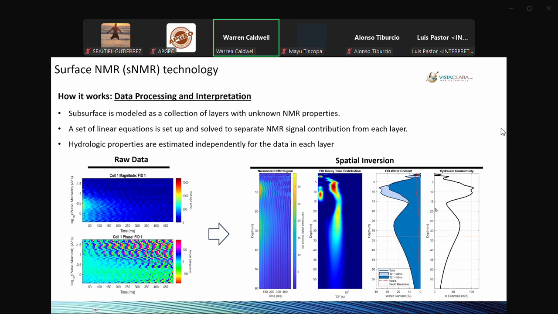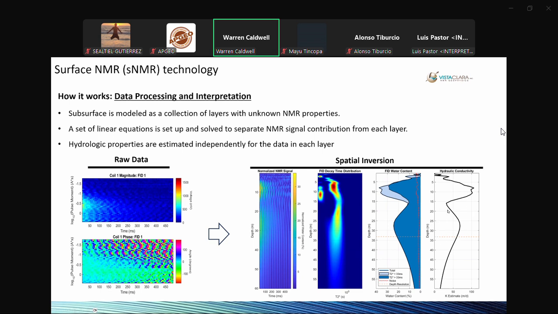and the results of a typical surface NMR survey, or surface NMR sounding, are shown on the right here. This decay time distribution is equivalent or similar to the T2 distribution that we saw with the borehole NMR. We have our log of water content. You'll note there's no clay-bound water in this depiction because it's not really possible, or it's more difficult, to detect with surface NMR.